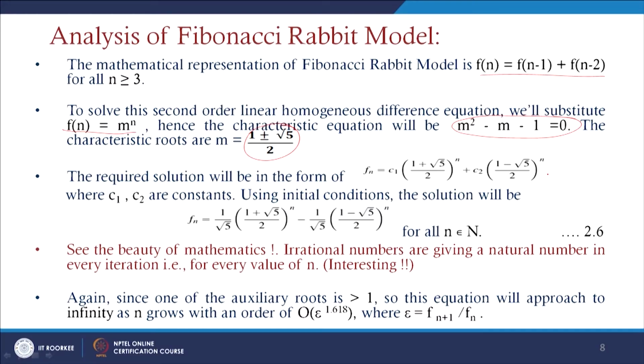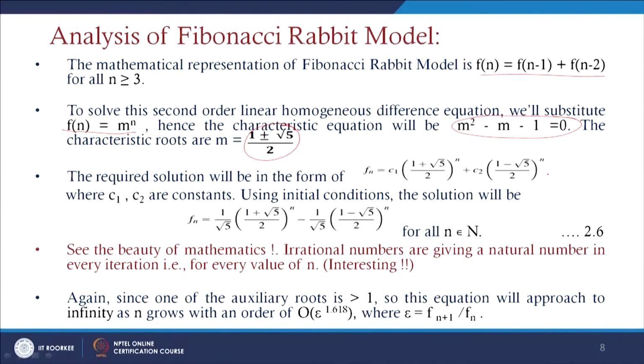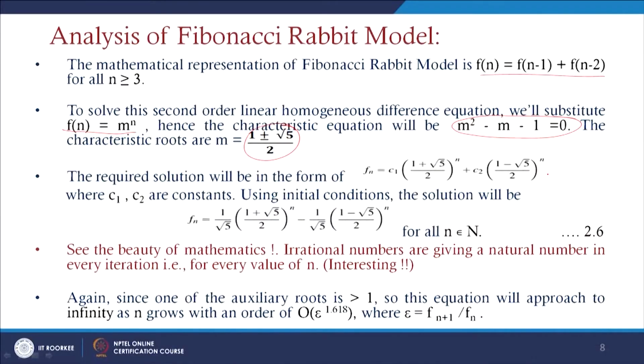And you will see that for all n belonging to the natural numbers, we get a natural number, since in this equation all irrational numbers are involved, and in analysis we always find that when irrational numbers are involved in any expression, they produce an irrational number. But the beauty of the equation is that you get a natural number for any natural number n.